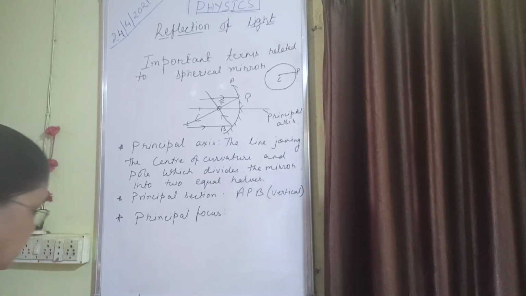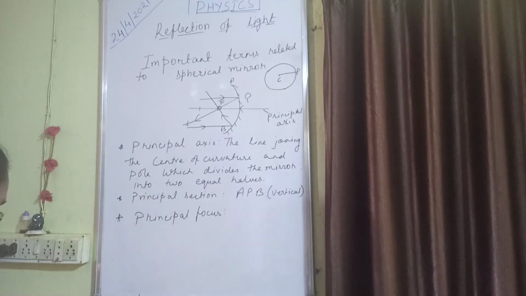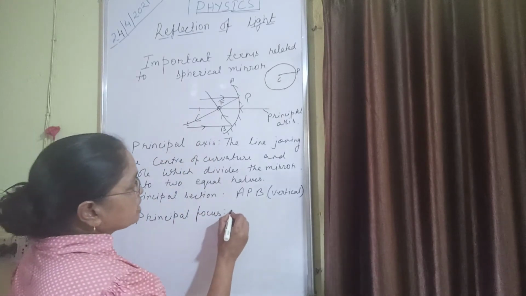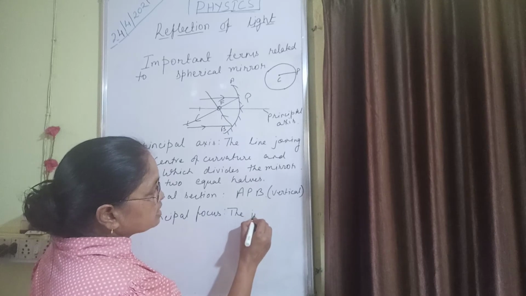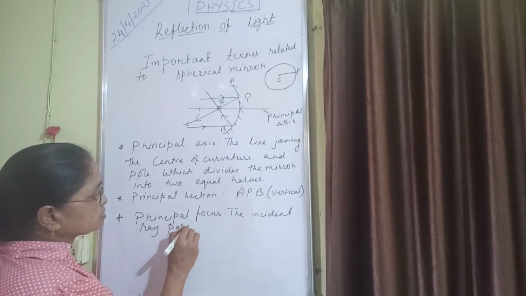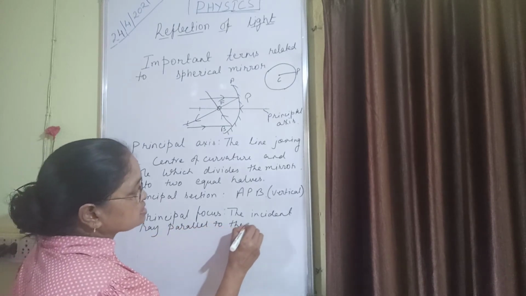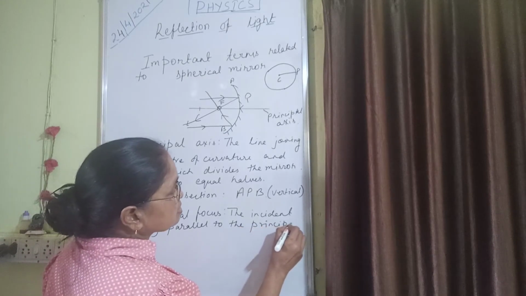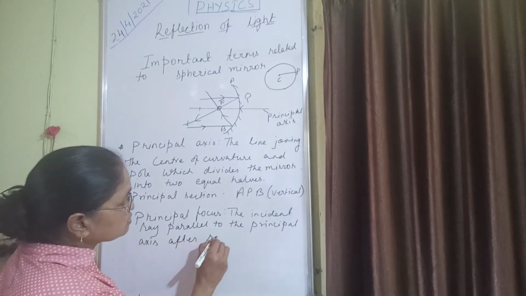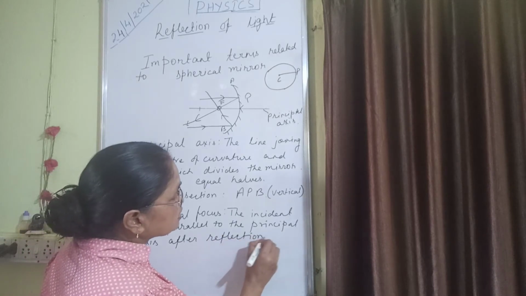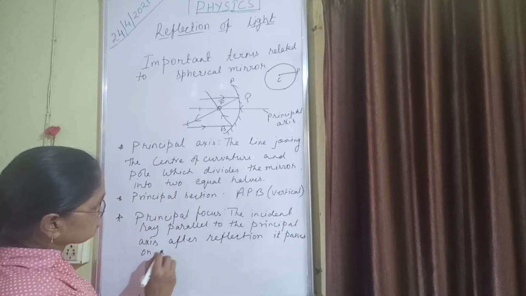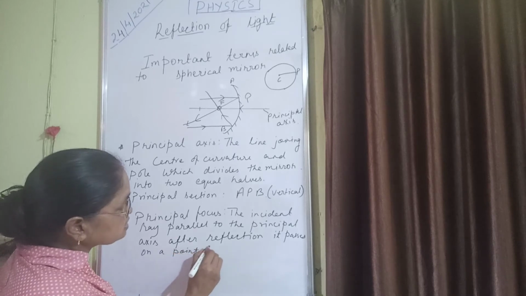Principal focus of the mirror is denoted by F. The incident ray parallel to the principal axis, after reflection, passes through a point on the principal axis.